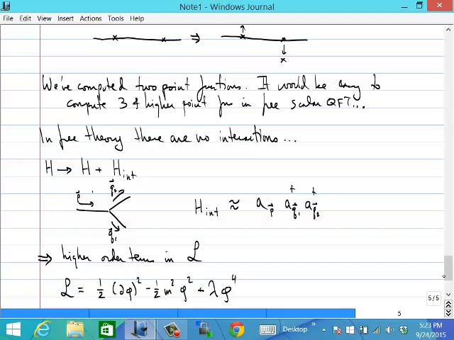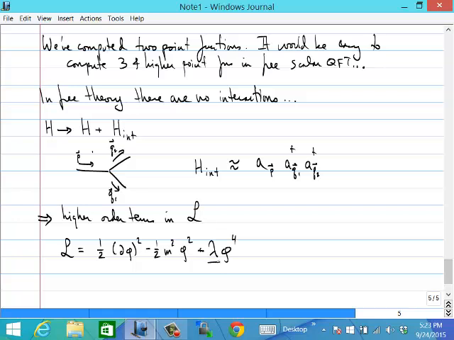So this would be a theory where you have an interaction term, a phi to the 4th term with a coefficient that we'll call lambda. And this would be some sort of theory where two particles could come in and collide with one another, and produce another pair of particles.